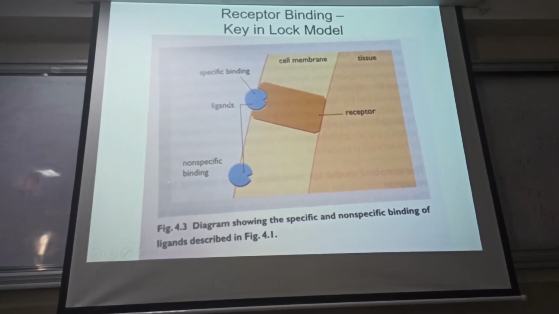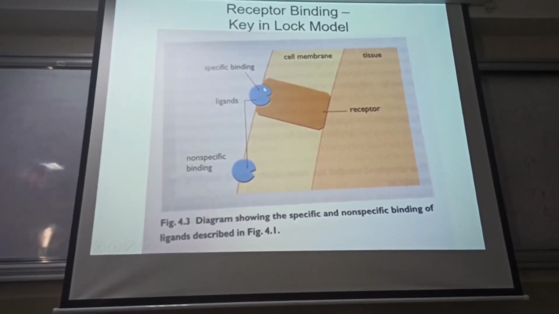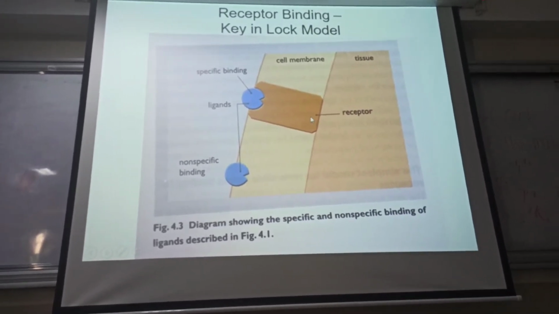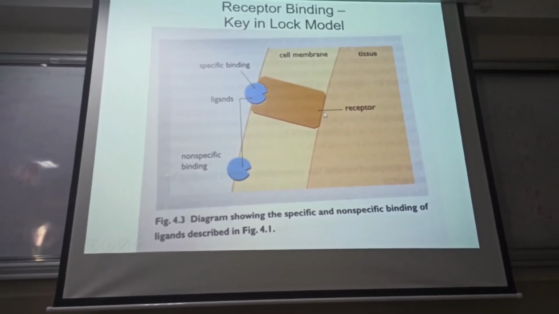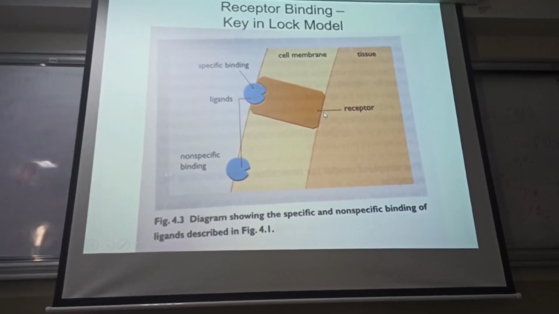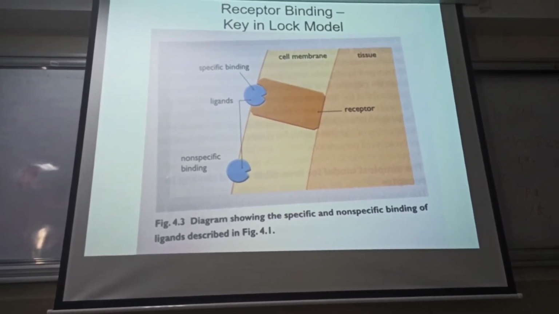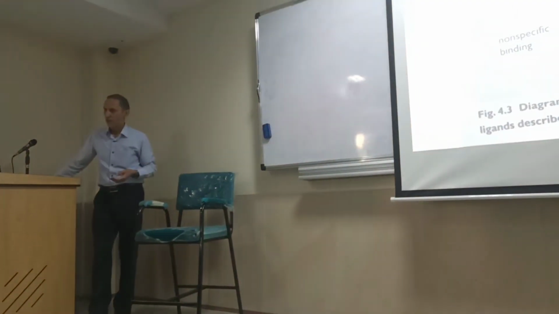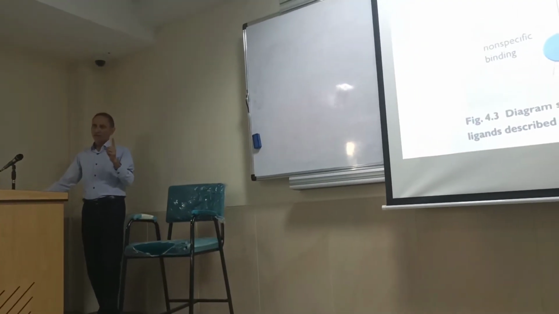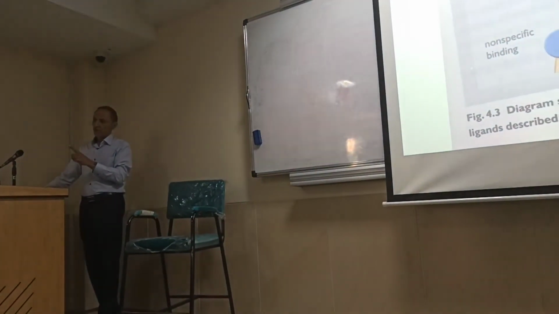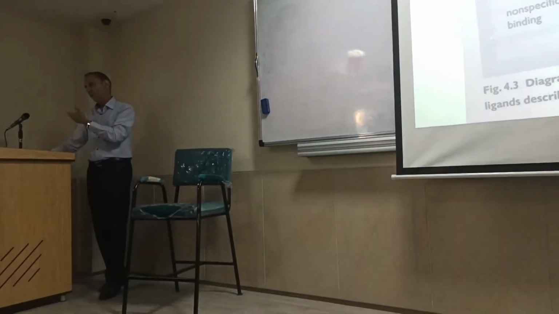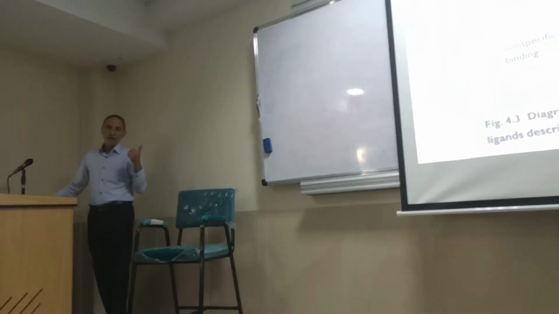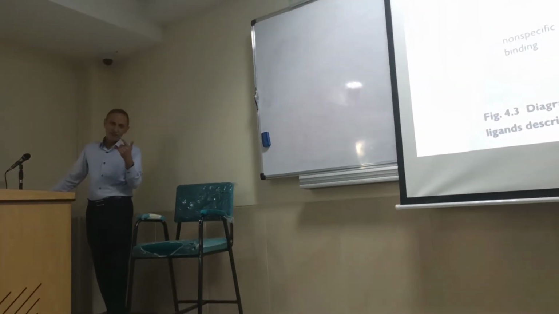Here, you see that ligands can bind with receptors and can induce a cascade of biological effects or biochemical reactions in the cells. So when agonists bind with receptors, then we have a cascade of biochemical events in the cells, which finally results in the response.